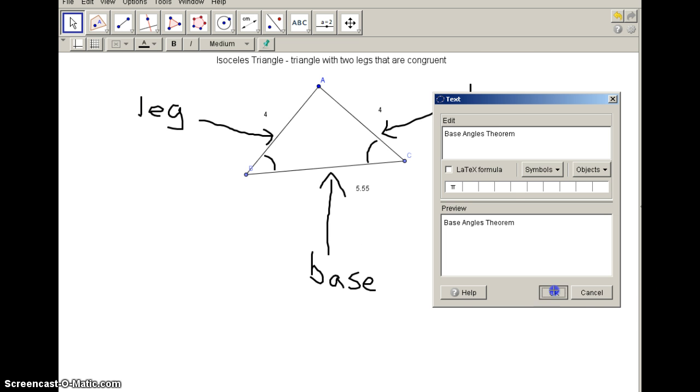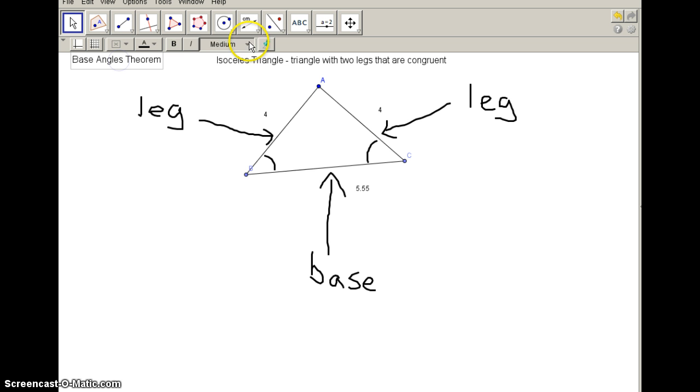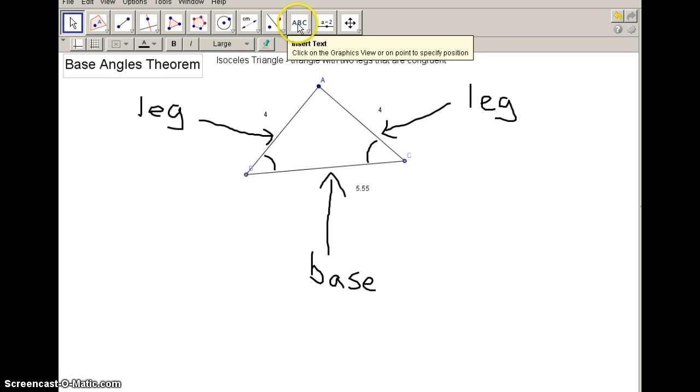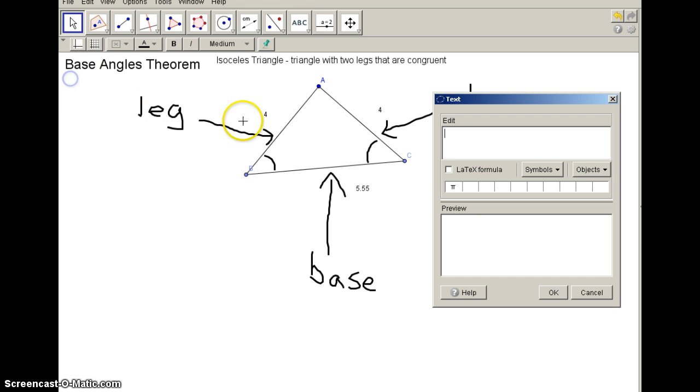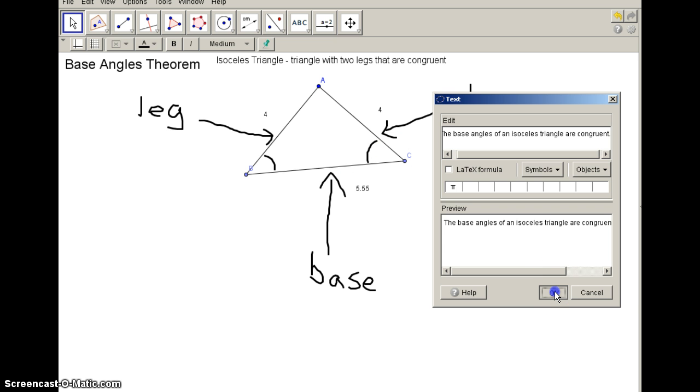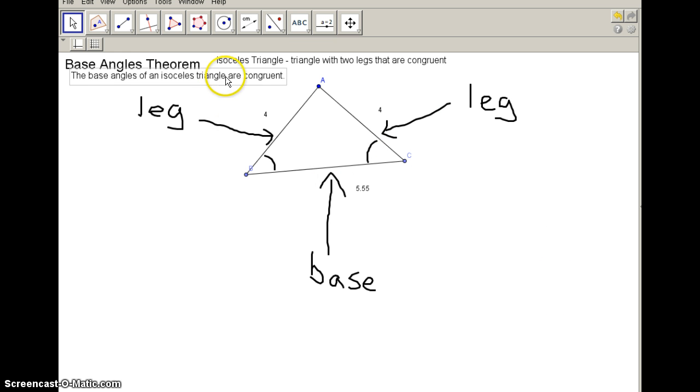So what does the base angles theorem say? Well, what it says is that the base angles of an isosceles triangle are congruent. So that means they're going to measure the same. So that's what it says.